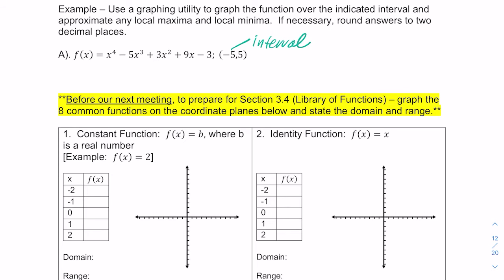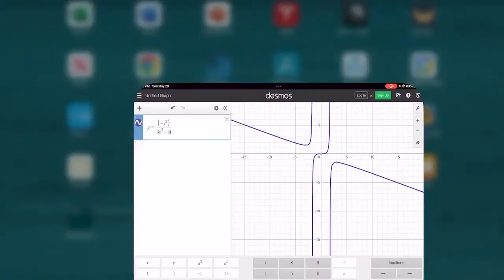Okay, so I'm going to type this in. So the interval here, when we go to the window, we want to make sure our x min is -5 and our x max is +5. Remember, intervals are x values. Okay, so I'm going to do this on Desmos.